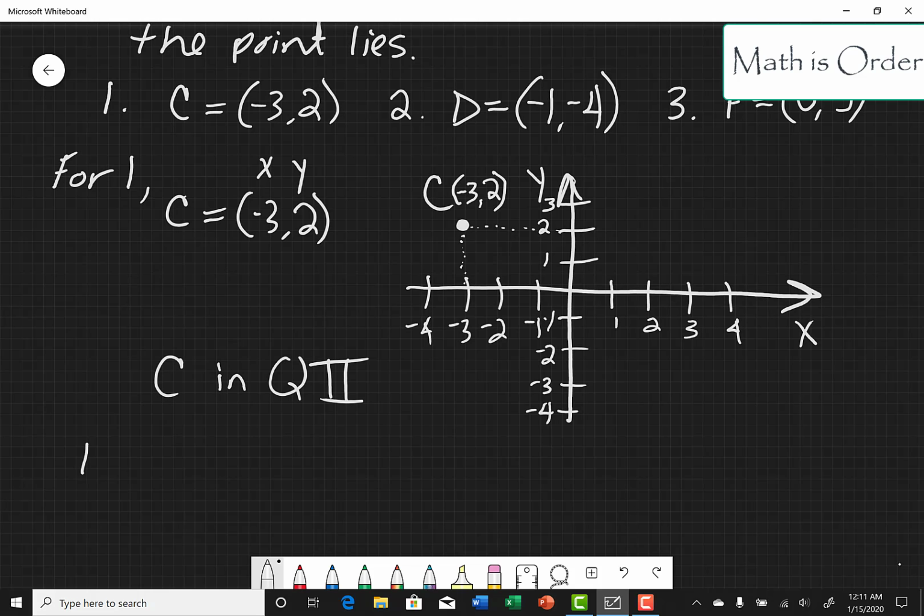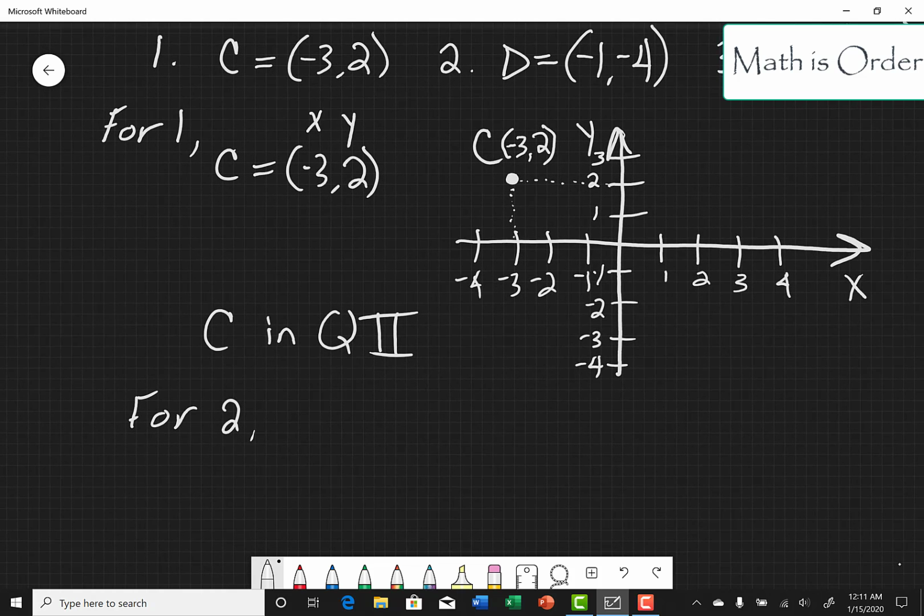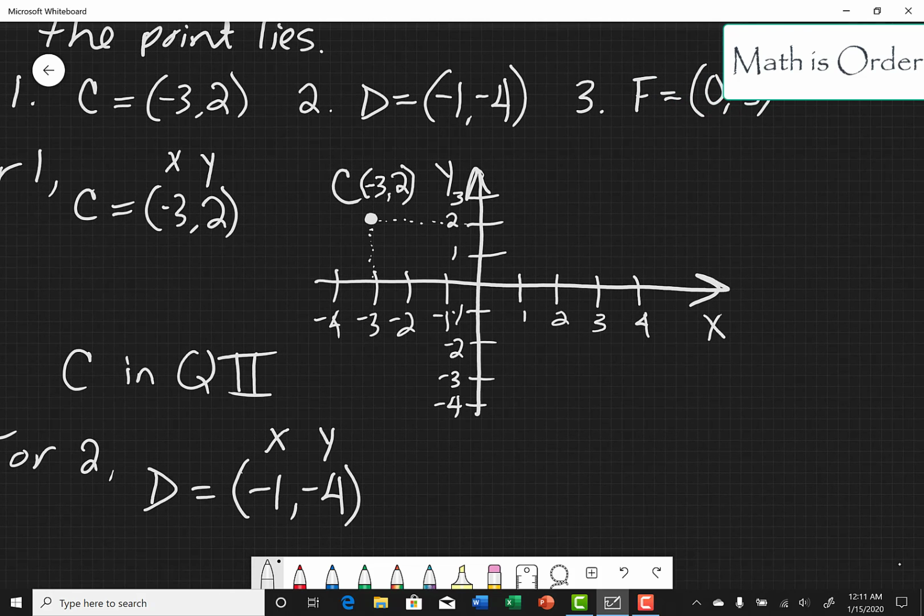Let's do the next one. This time D is the point -1, -4. So x is -1, y is -4. I need to go -1 along the x-axis, -4 along the y-axis. That point looks to be about right there when I'm making a circle.